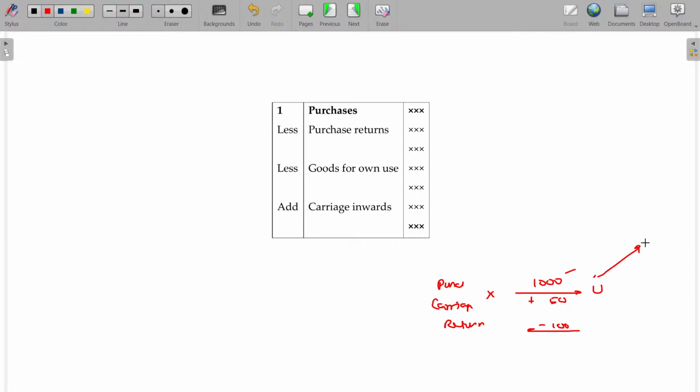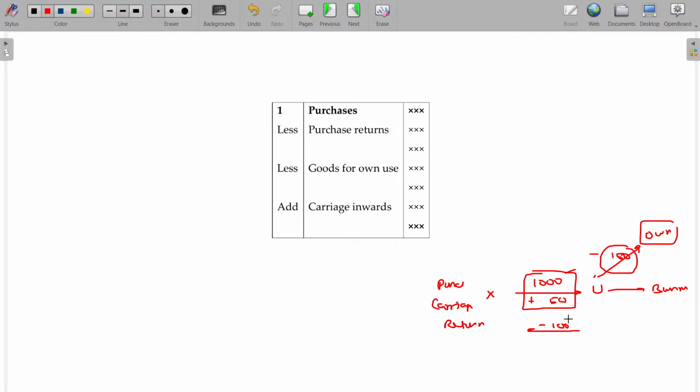He takes it to his own home for personal purpose. It should be used only for the business, no? Rather than using it for business purpose, he takes it for personal use. So the real purchases value used for the business must be identified. Out of the 1000 plus 50, 1050 rupees you spent on purchases, 150 is used for own purpose, not for the business purpose, and should be subtracted.